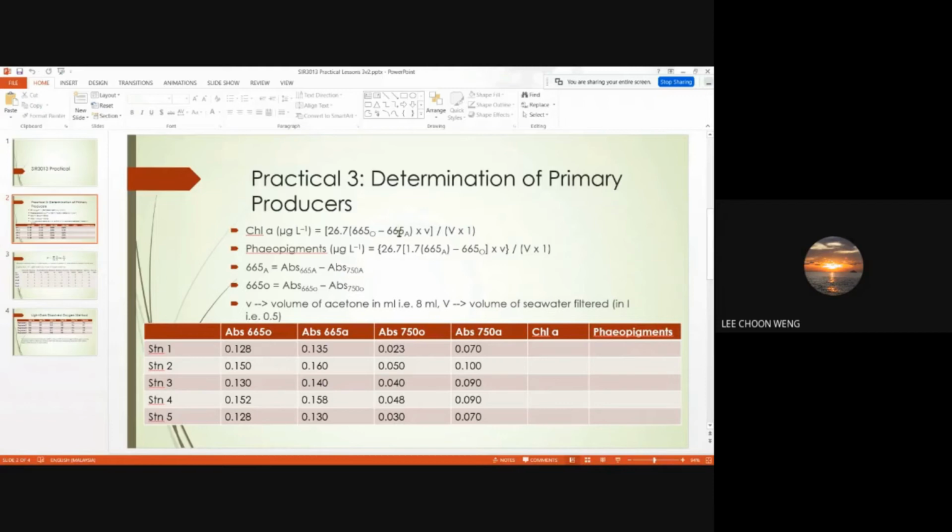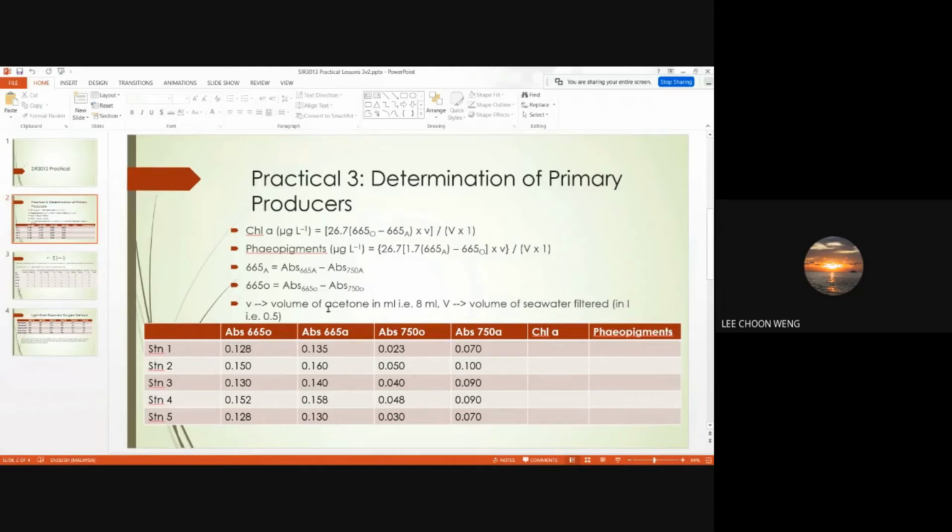Okay, so it is not directly used, but you have to minus off the 750 first. So as I've mentioned before, 750 is to account for the different turbidity that may occur in your samples.